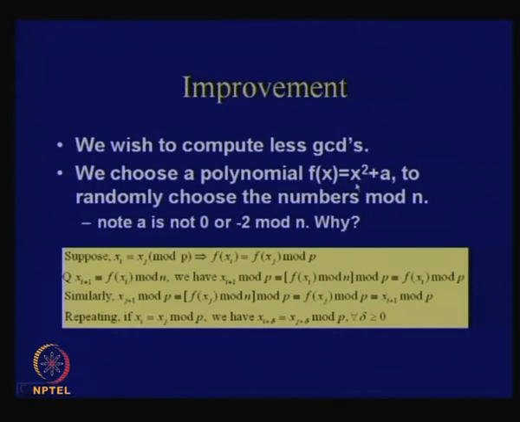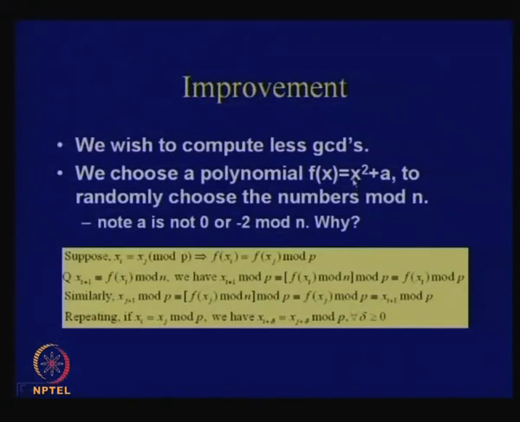If you feed minus 1, you get minus 1 square minus 2, which is 1 minus 2, so that is still minus 1, right. So, we shall avoid the value of a equal to 0 or minus 2. We can just choose f(x) equal to x square plus 1, which is a very simple function, right.